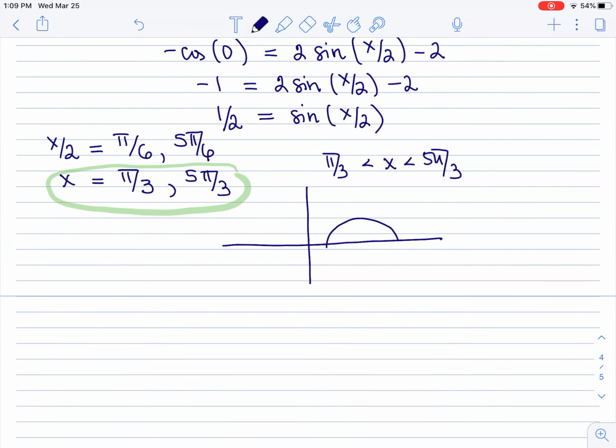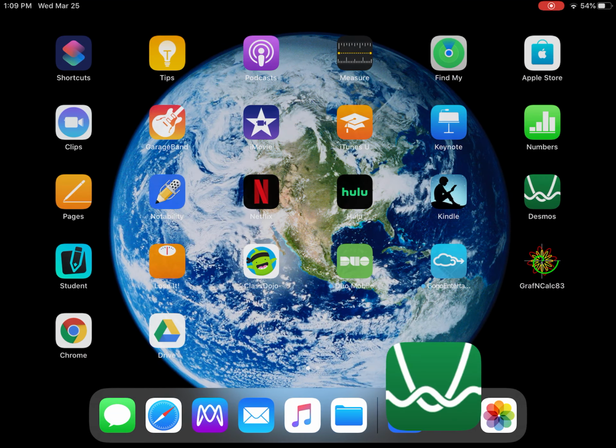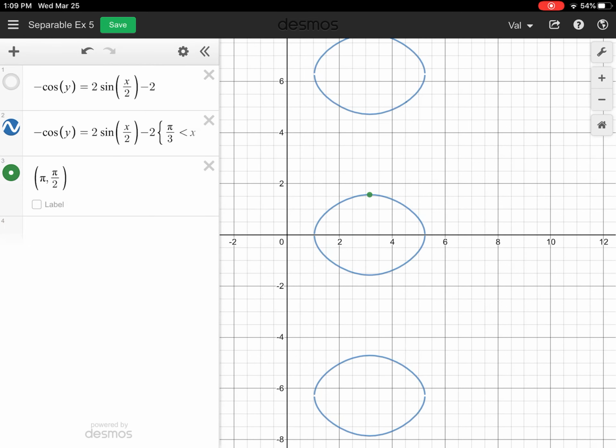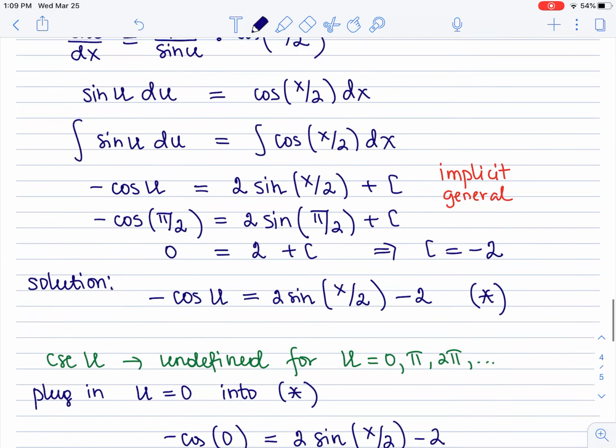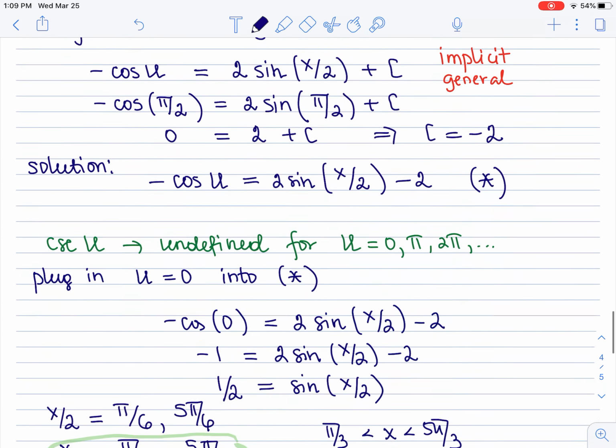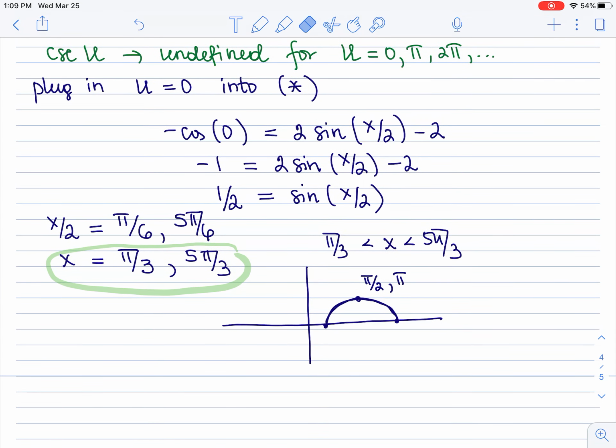Where is our point? It's right in the middle. Let me check: u of pi is pi over 2, so this should be the other way around. So x is pi, u is pi over 2.